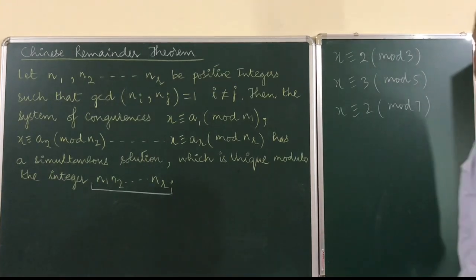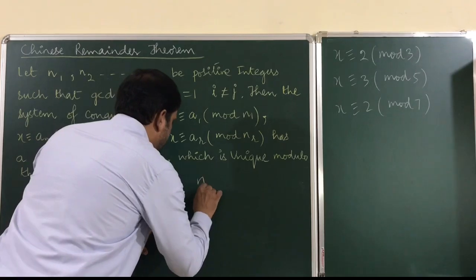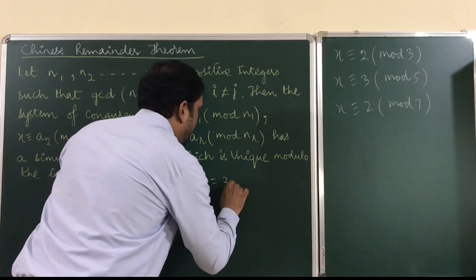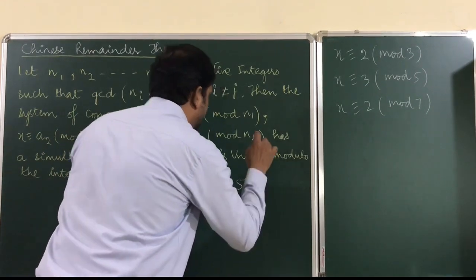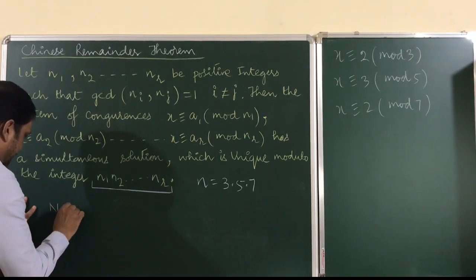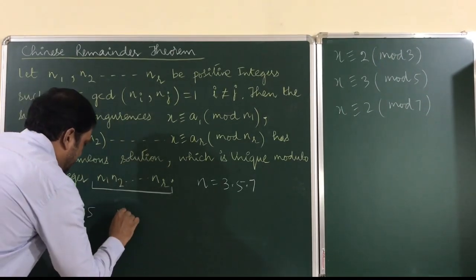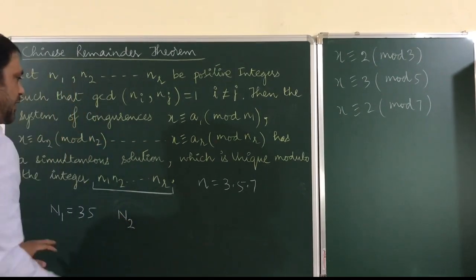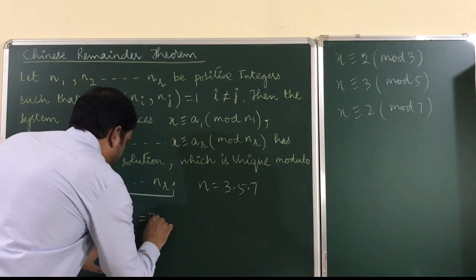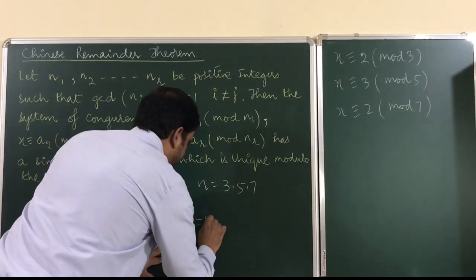So what we can do here, first we find n. Small n you can see is 3 times 5 times 7. And if you see capital N1, it will be 35. Capital N2 you will get 21, and capital N3's value will be 15.